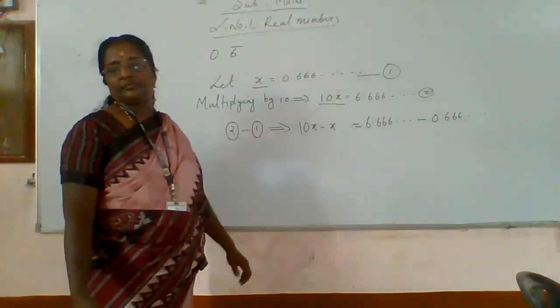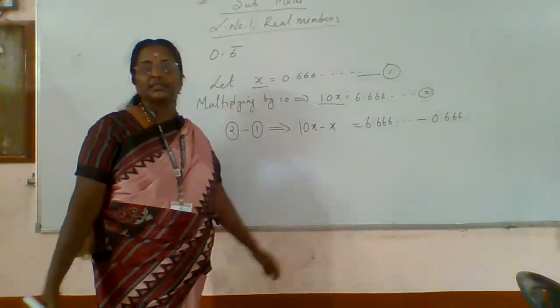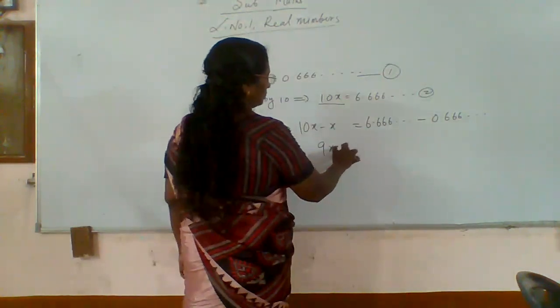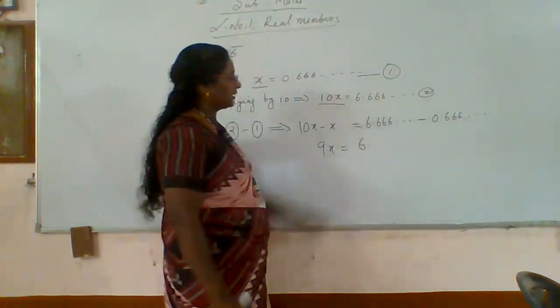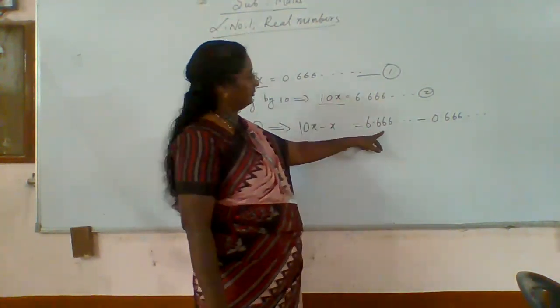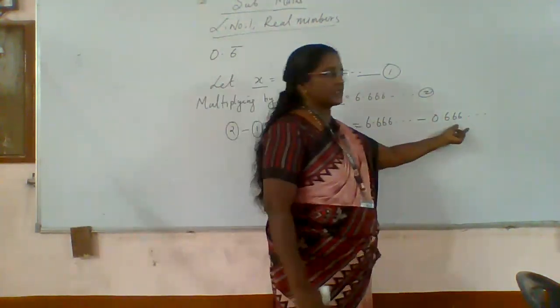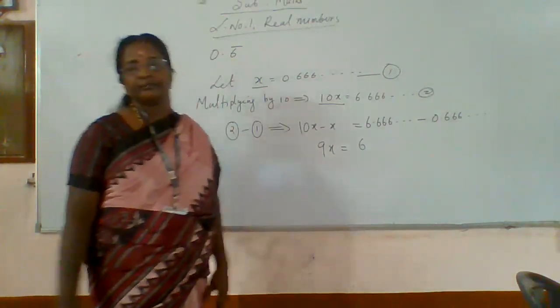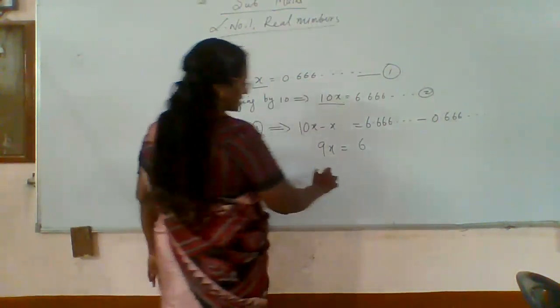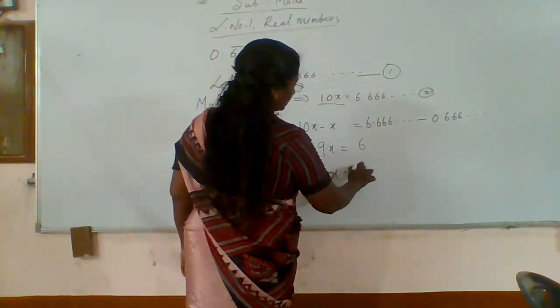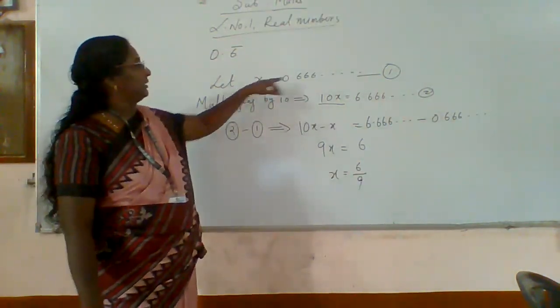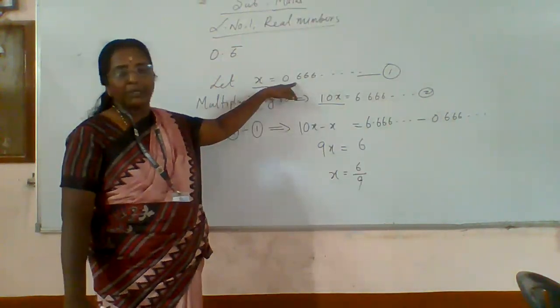Clear? So 10x minus x, how much will come? 9x. So 9x is equal to 6.666 minus 0.666; the decimals fully cancel, 6 minus 0 means 6. So x is equal to 6 by 9, because you want to find x in the form of p by q.